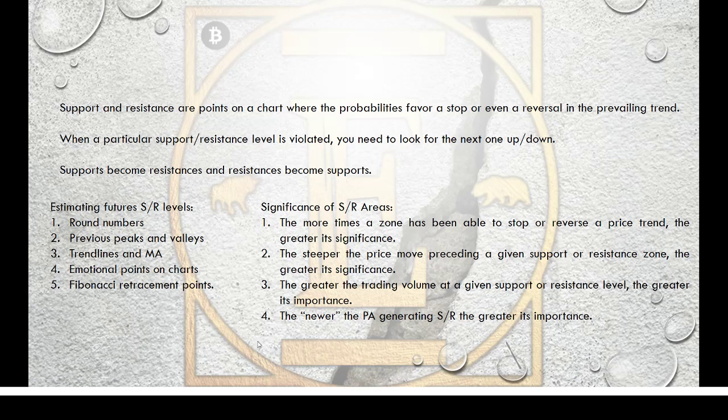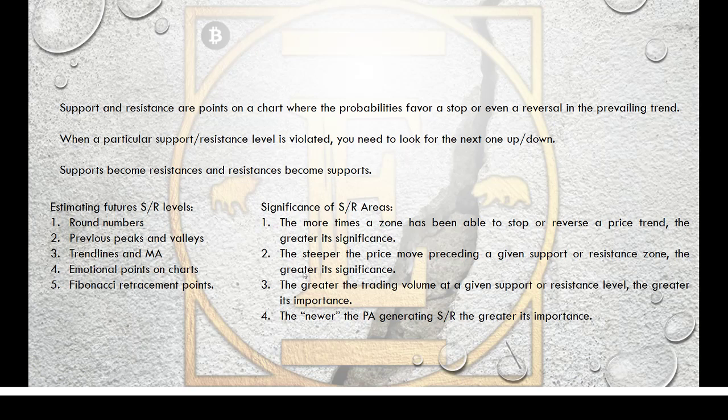Support and resistance are points on a chart where the probabilities favor a stop or even a reversal in the prevailing trend. What it means is when we are in a bull trend and we approach a resistance area, it's probable that the trend stops or even reverses.